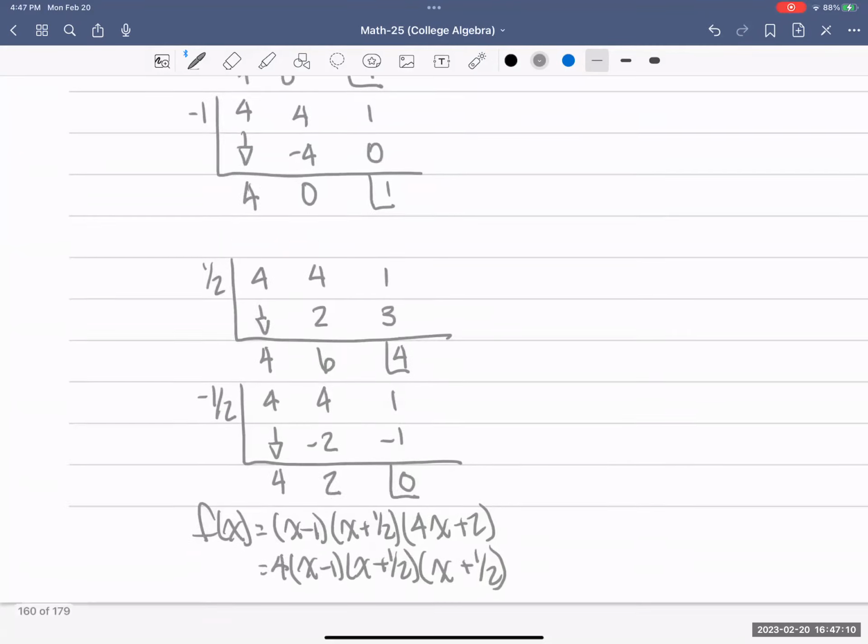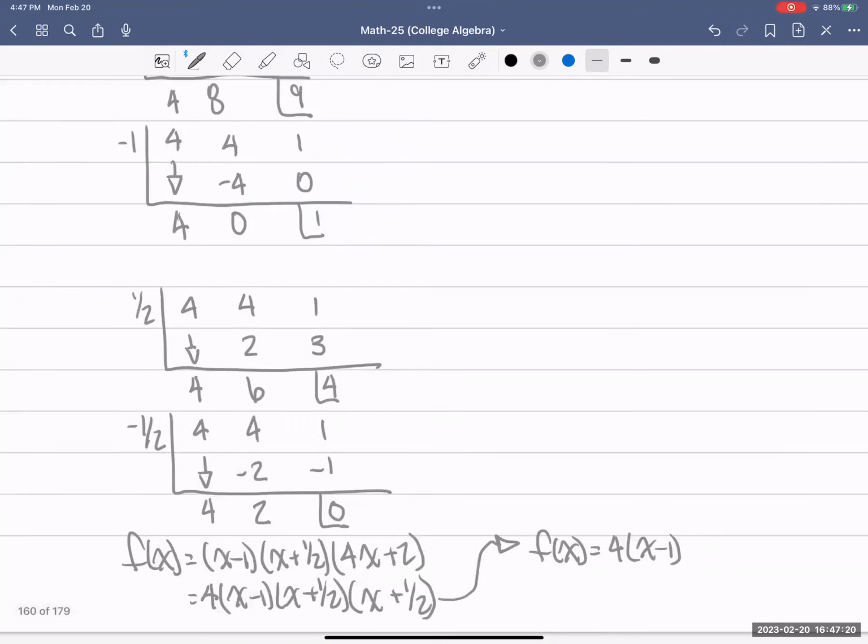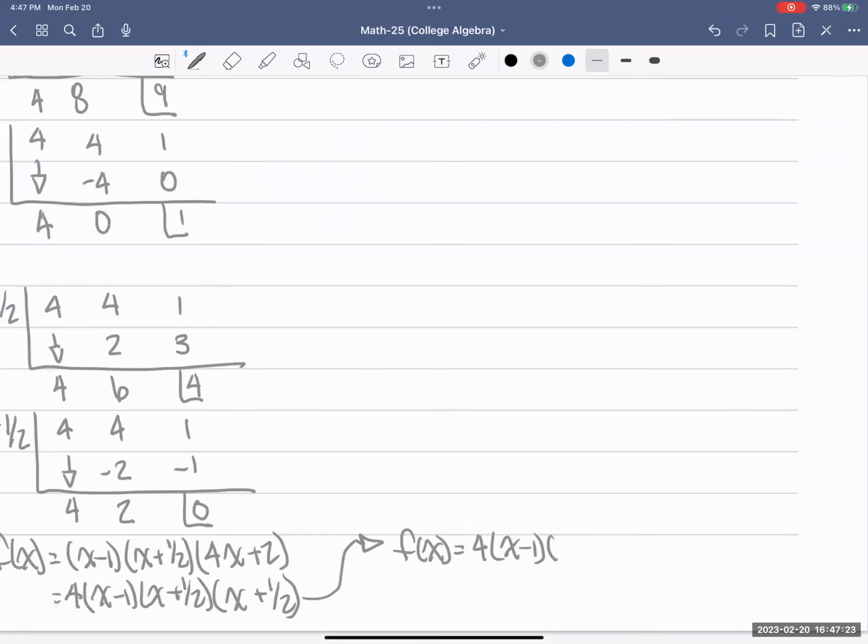And that tells us that we have multiplicity 2. So we have 4 times x minus 1 times x plus 1/2 squared. And there we go. That's how we can rewrite it to make it look a little bit better, with a coefficient of 1 in the front.